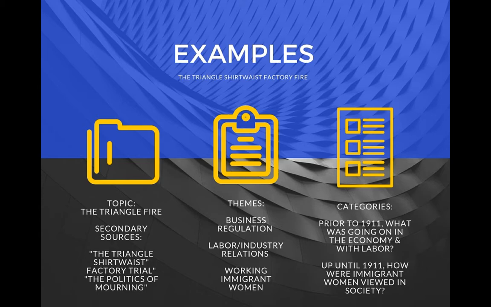She goes and looks at 2 articles, the Triangle Shirtwaist Factory Trial and the Politics of Mourning. As she reads those articles, 3 themes stand out to her. She notices that business regulation is constantly being discussed within these papers.